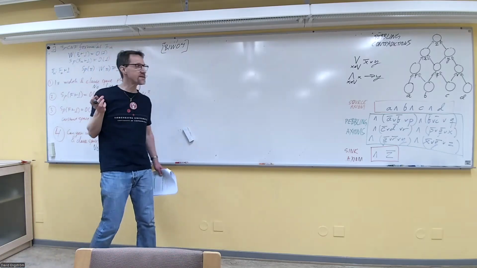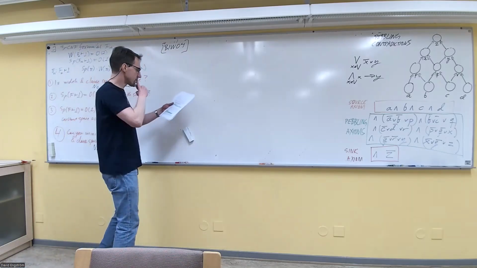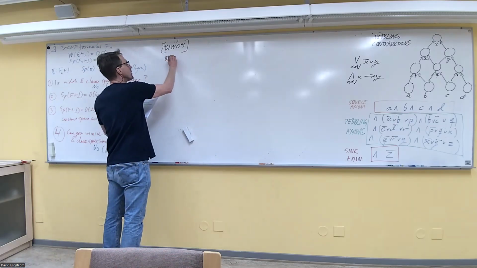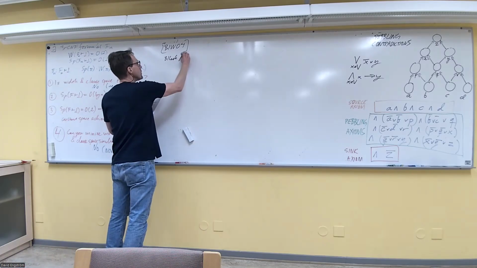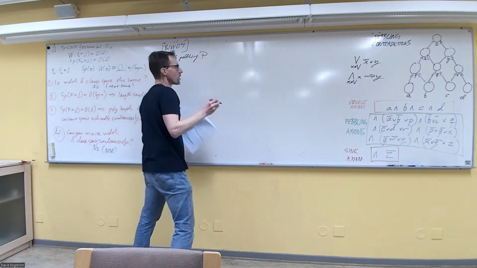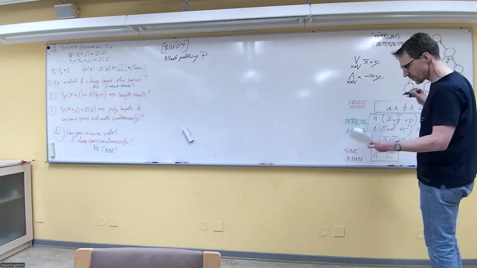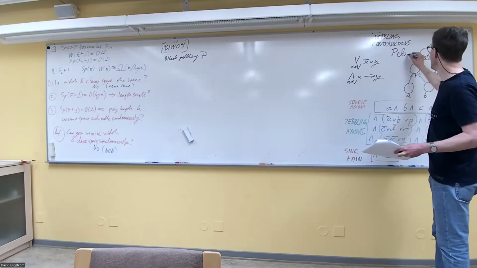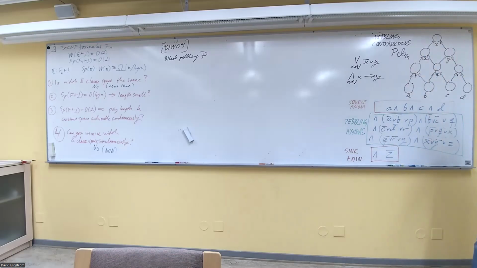The first easy thing is to say, well, if you have a black pebbling P of the pebbling contradiction, what's my notation for this? I think I'm going to write this formula Peb sub G. Peb parenthesis G is the black pebbling price. Peb subscript G, that's the formula.